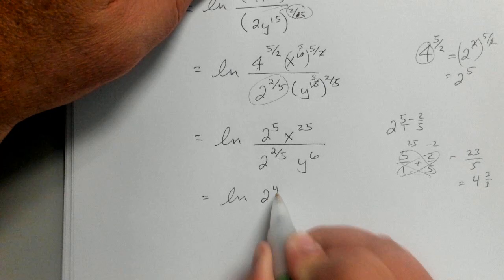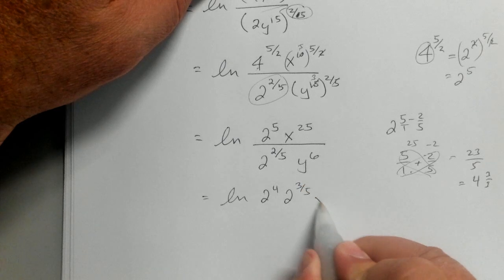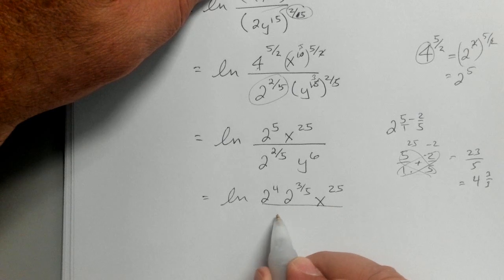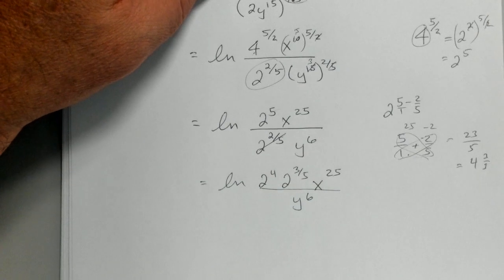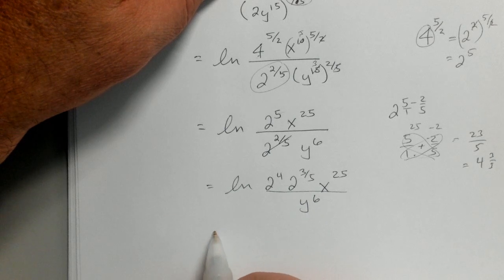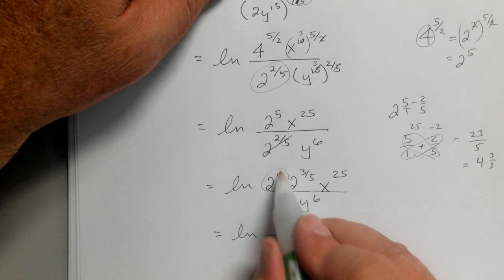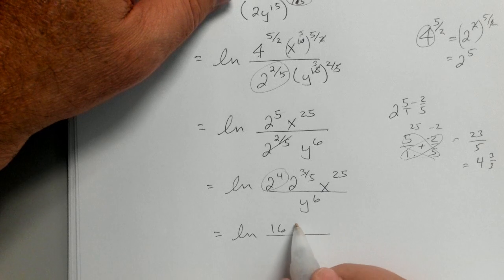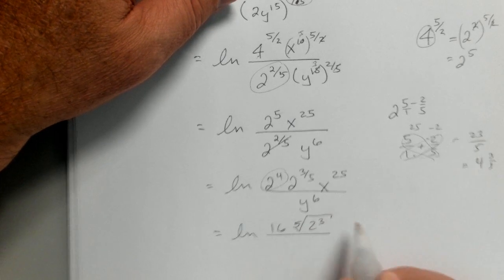It's 2 to the 4th times 2 to the 3/5. That takes care of that. 2 to the 4th is 16, times the 5th root of 2 cubed.